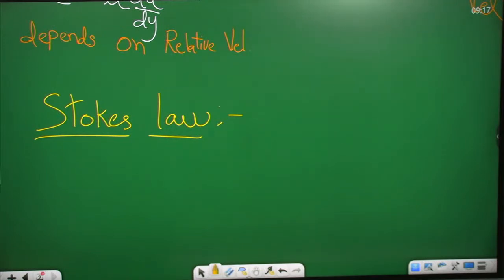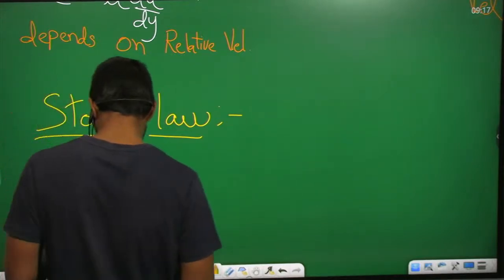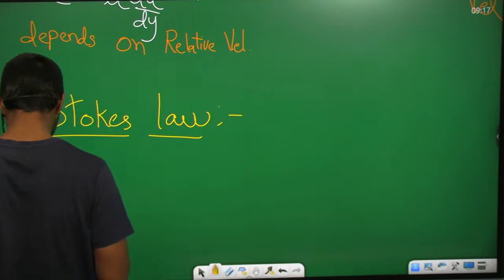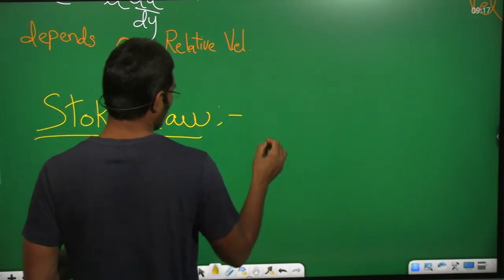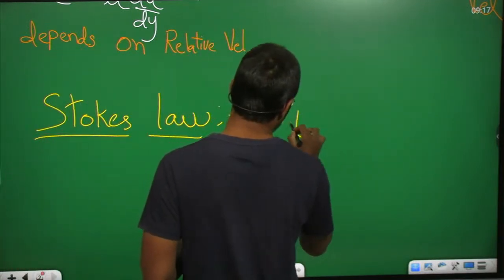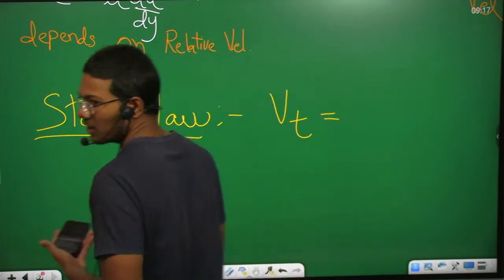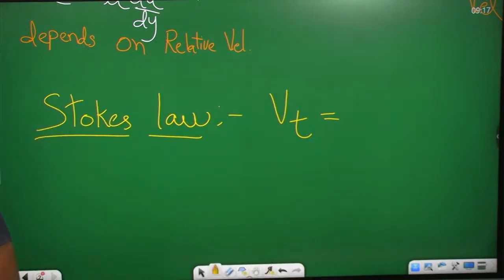So what is Stokes' law? What does it tell about? It tries to talk about terminal velocity. So what is the formula for terminal velocity?